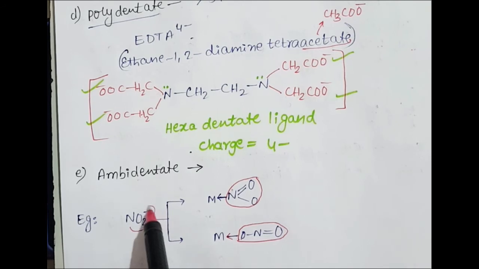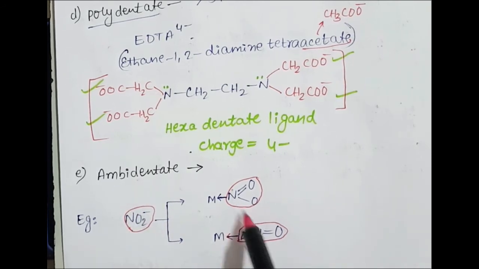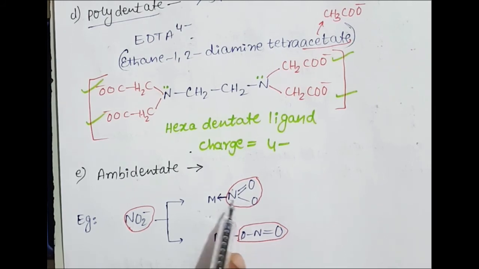This kind of ligand which is having more than one donor site but binds through only one site is called as ambidentate ligand. Like you have two places to donate. Two places are able to donate electron pair, but at a time only one place is donating.